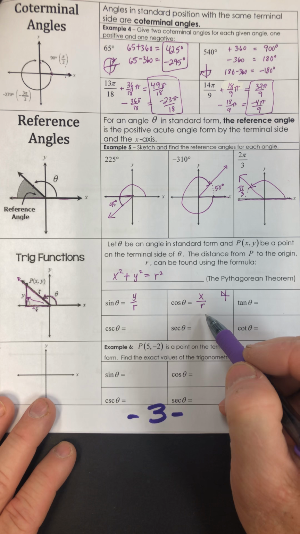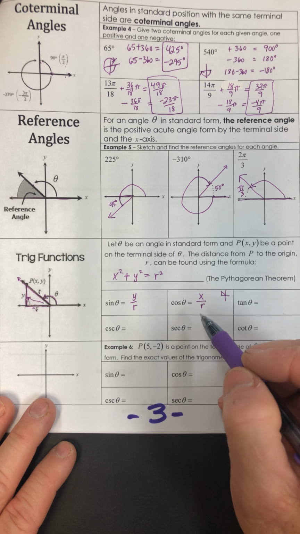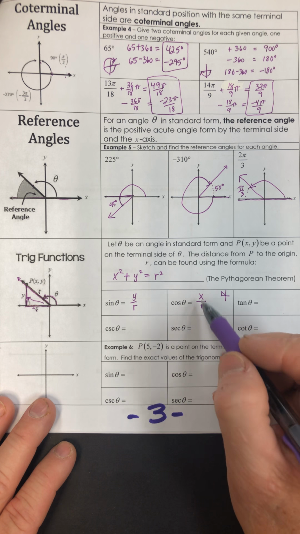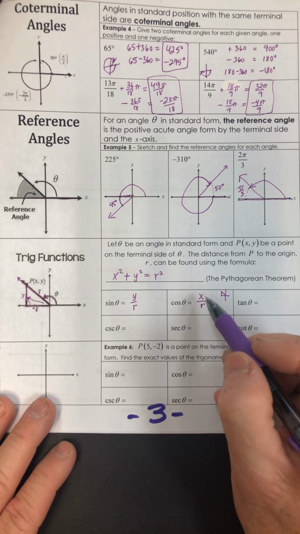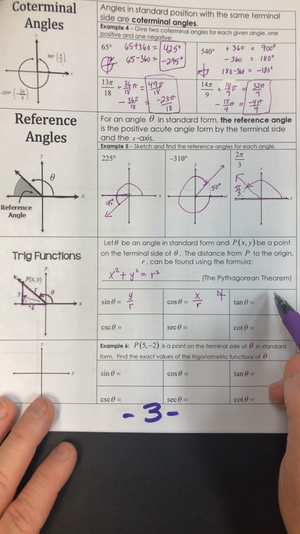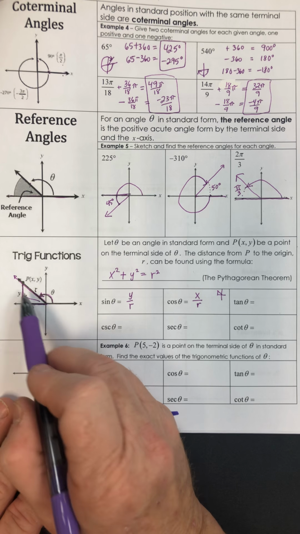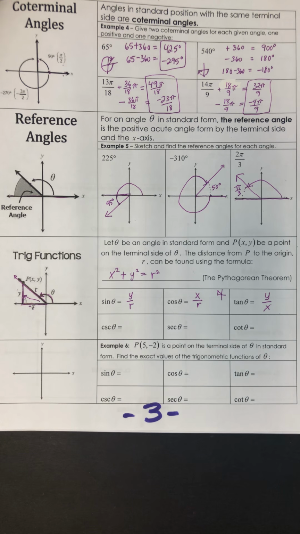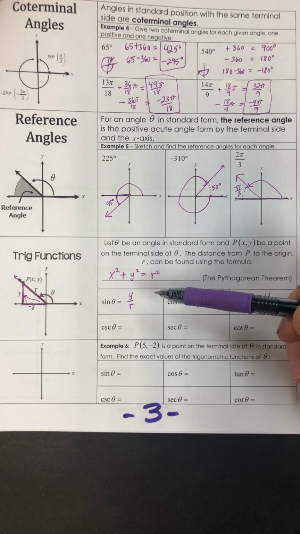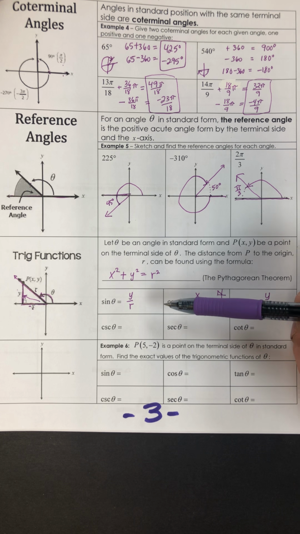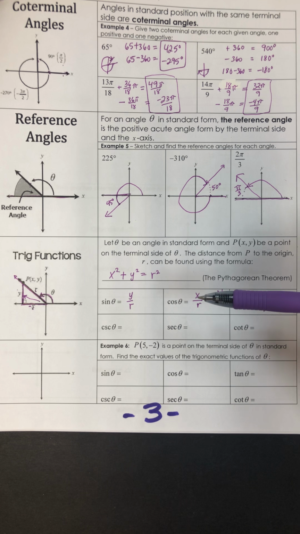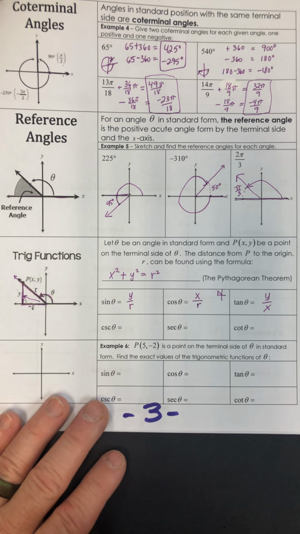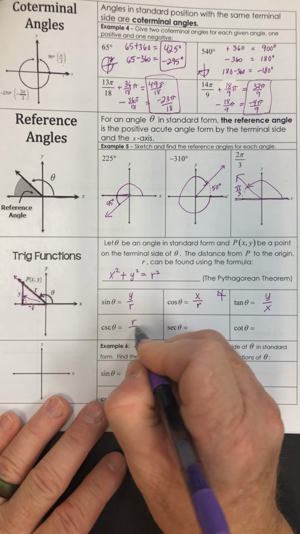And then if we have a specific triangle in a specific quadrant, then we can assign positive and negative values to x and y as needed. Tangent then is going to be opposite over adjacent, so y over x. So now, instead of saying opposite over adjacent, we're going to use x, y, and r. But it's the same thing. If you want to say opposite over adjacent and then just fill in the letter, that's what you should do.